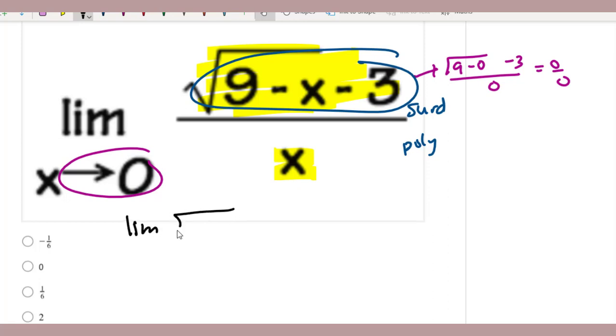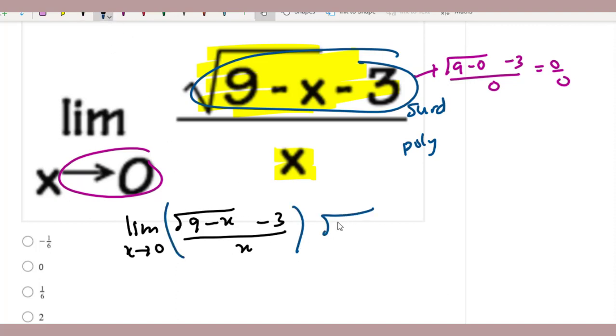Limit of square root of 9 minus x minus 3 over x as x approaches 0, and the conjugate is square root of 9 minus x plus 3.